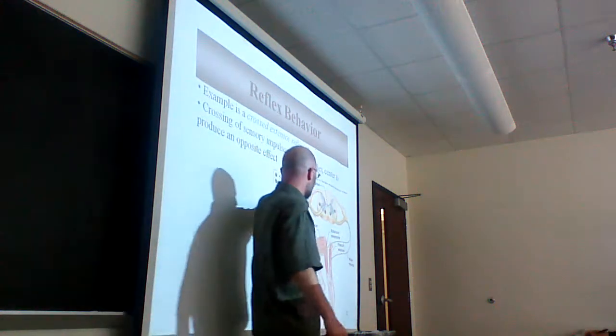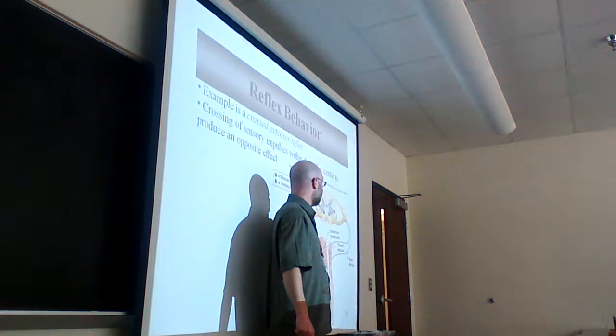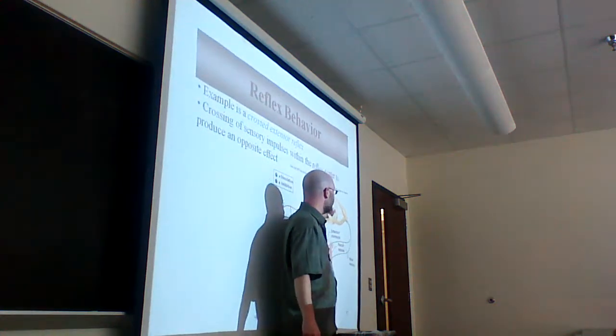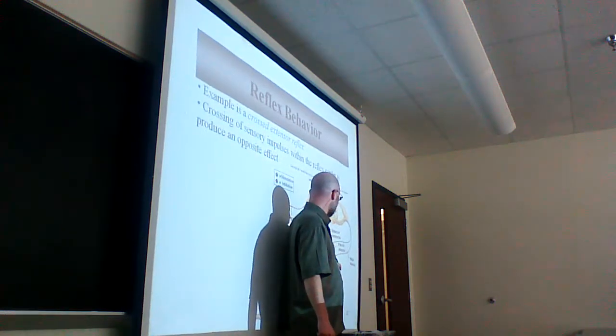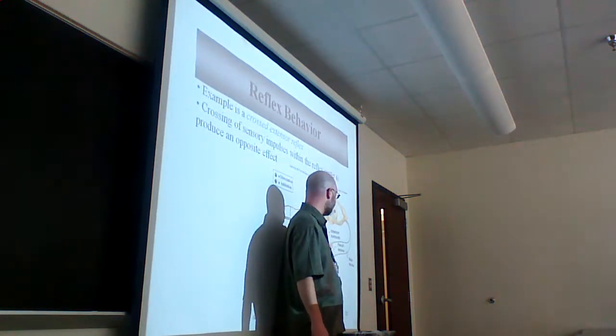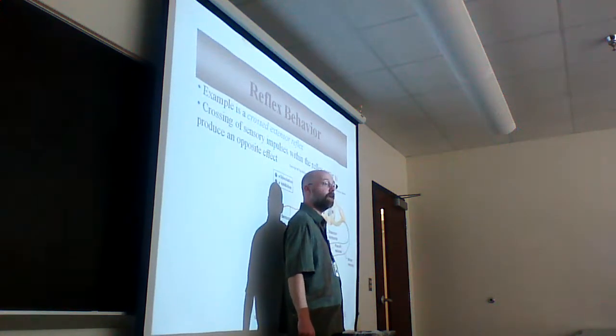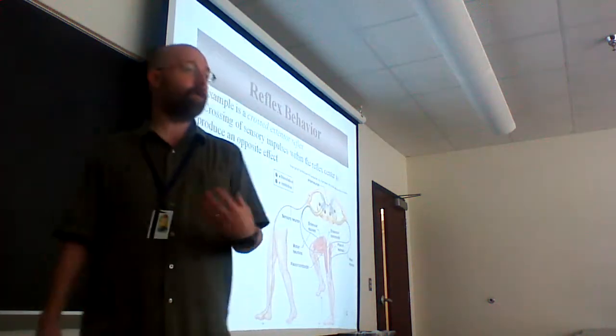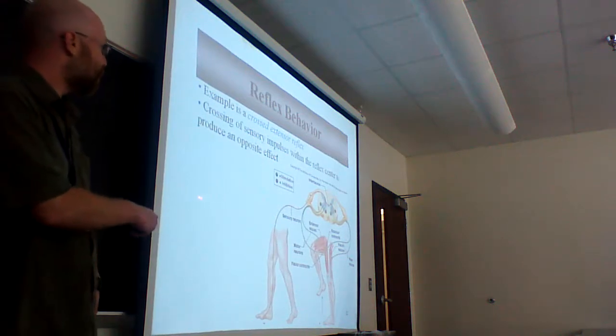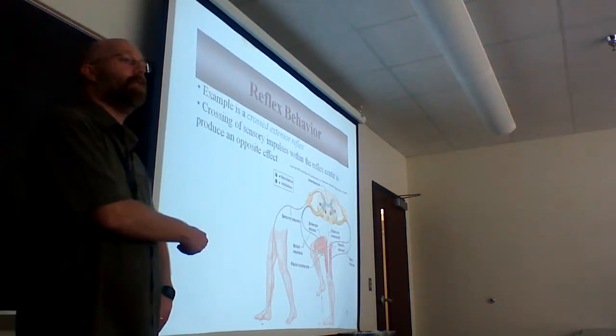At the same time you're causing this one to flex, you want to bridge over to the other side, send out an action potential causing this one to contract and this one to relax, so that you don't fall over in the process. So these become more complicated.